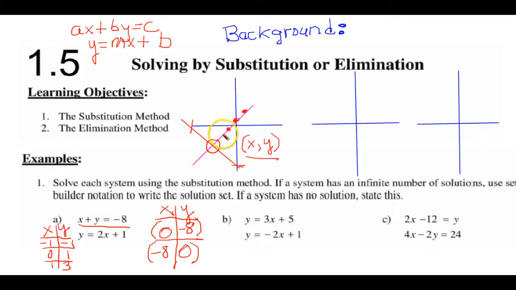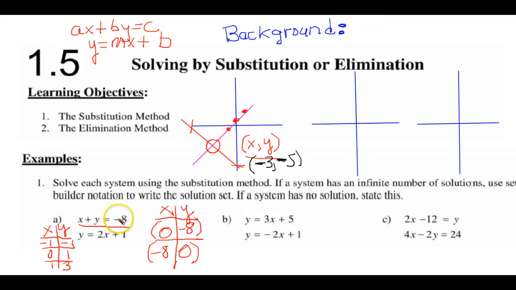So we have, in this case, found this solution through graphing. And had I made it to scale, you would see it'd be approximately a -3 and -5 where they intersect.